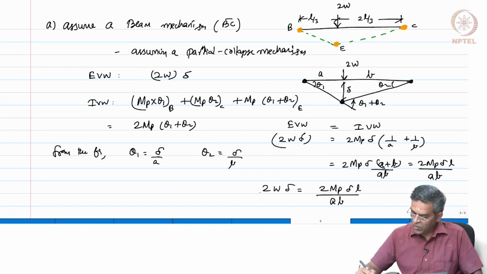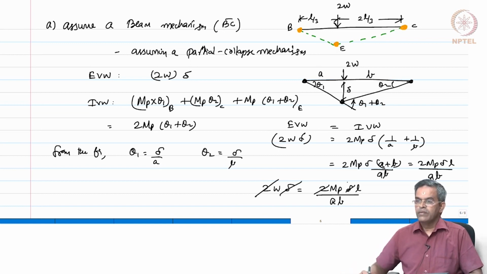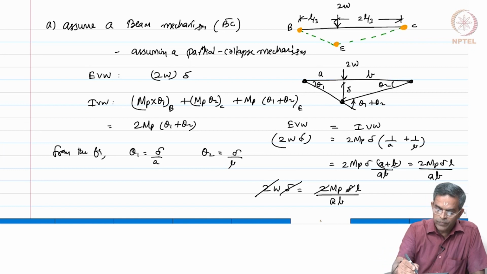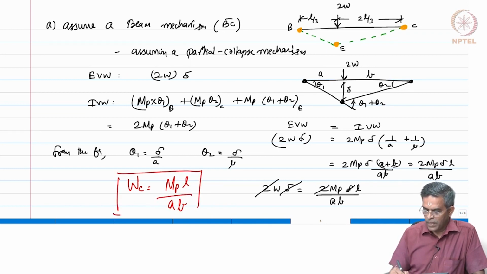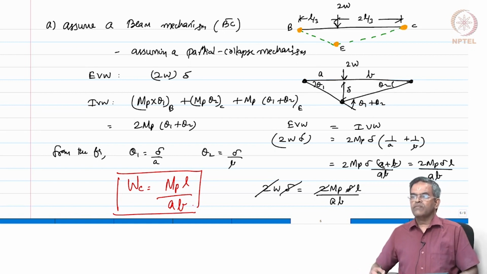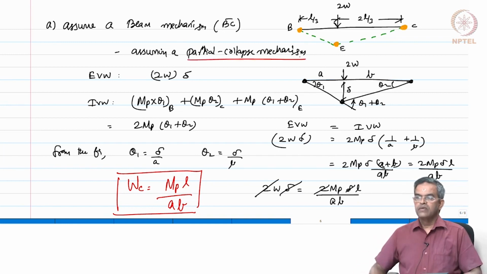Therefore, I can say now the collapse load W is Mp L by AB. But I cannot guarantee this is the final answer of the collapse load, because this has been obtained based on the partial collapse mechanism and looking only at the beam mechanism, right.